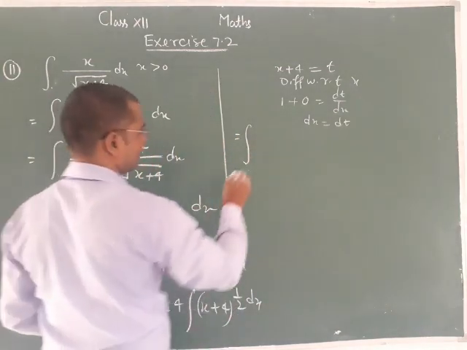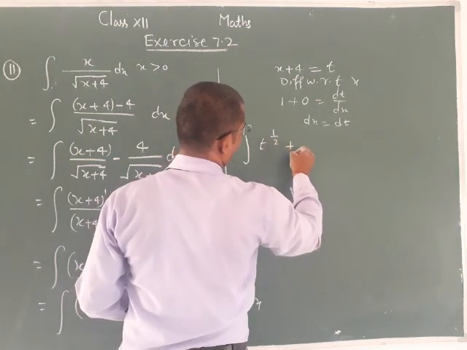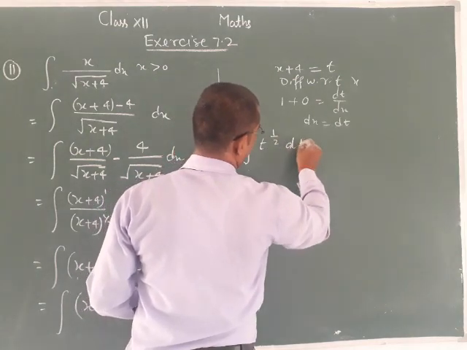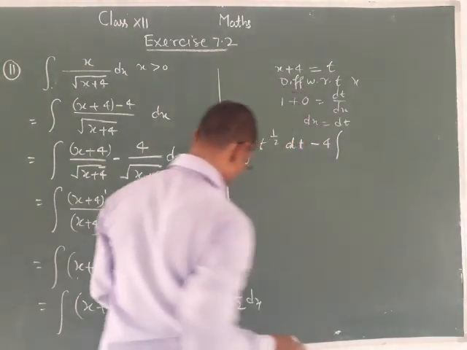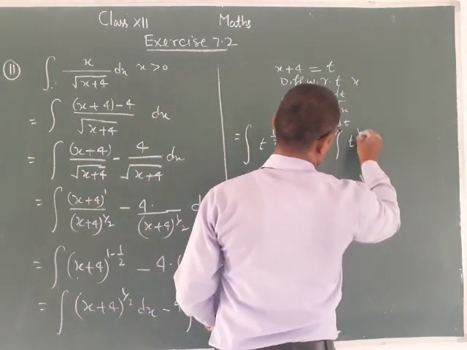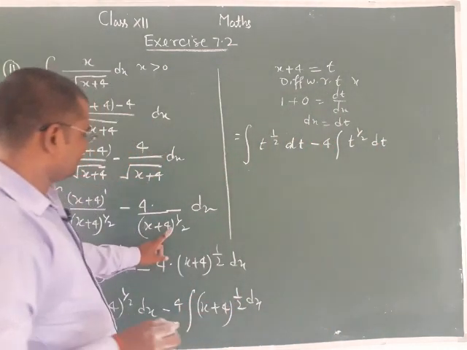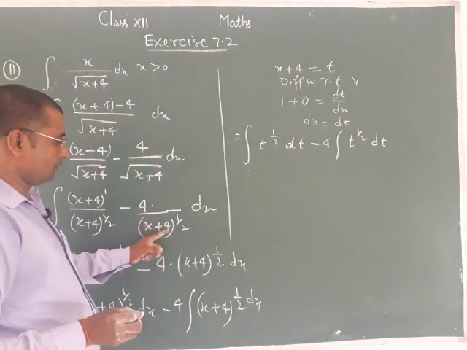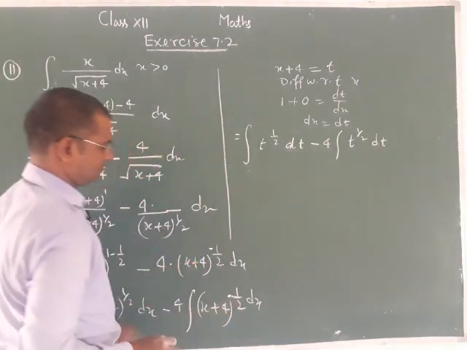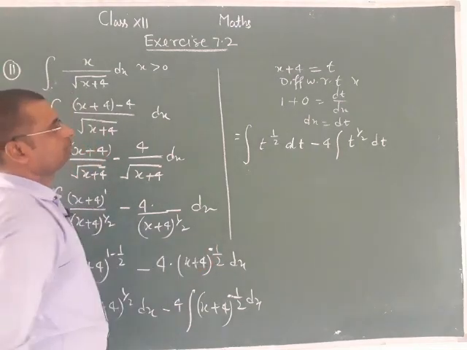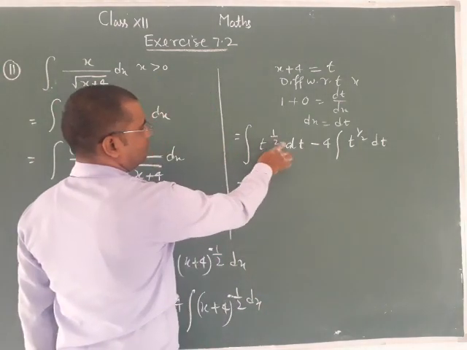And also we can write integration t to the power 1/2 dt and minus 4 integral of t to the power 1/2 dt. So this is no denominator, so minus and also minus sign. Integration of t to the power 1/2 dt.